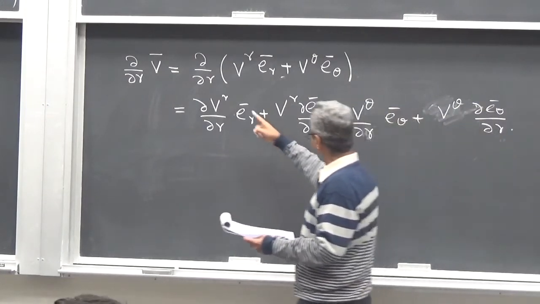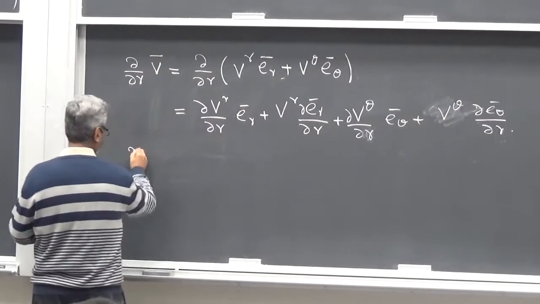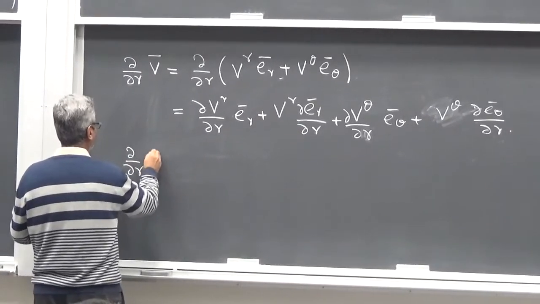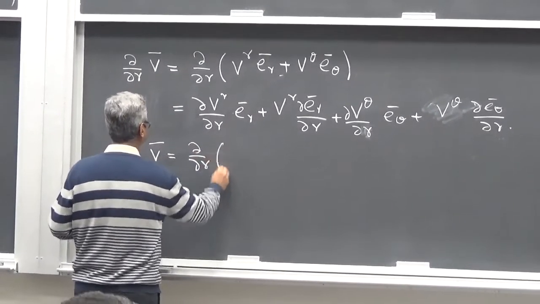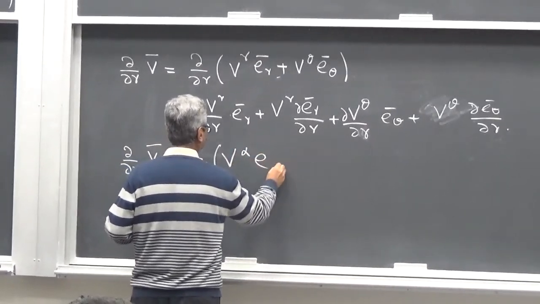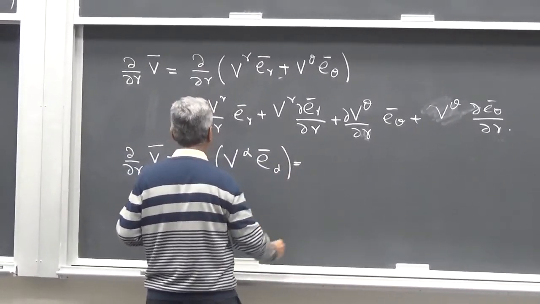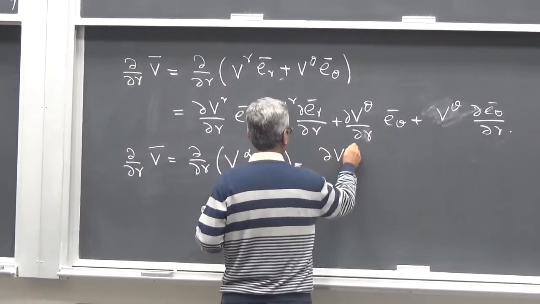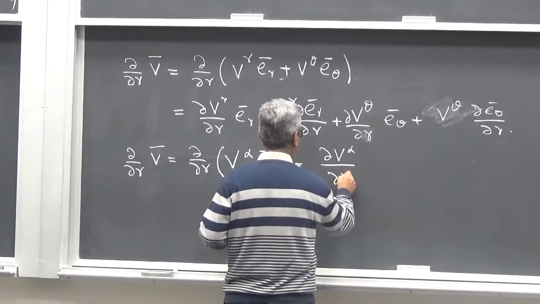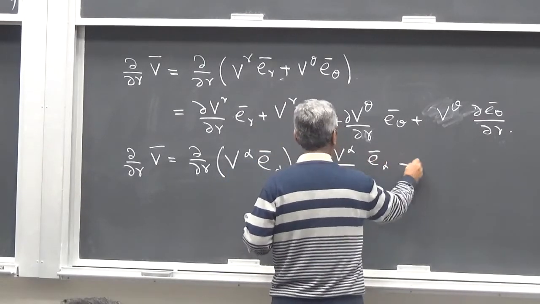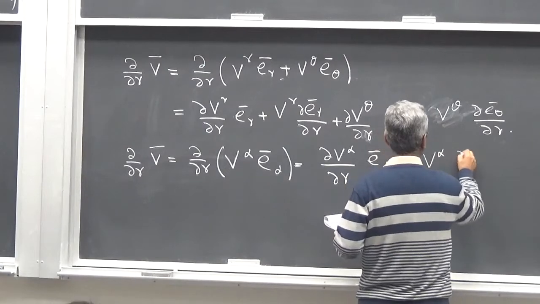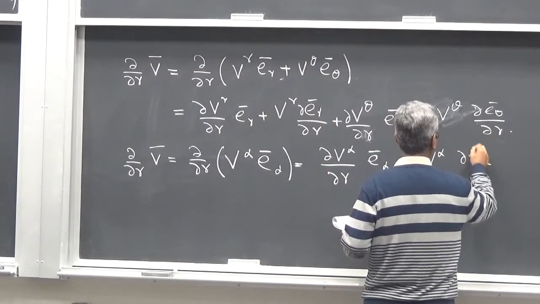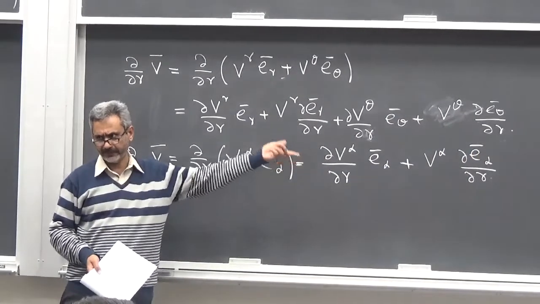So a better way of writing this would be partial by partial r of V, which is partial by partial r of v^alpha e_alpha, and that would be partial v^alpha over partial r, e_alpha, plus v^alpha partial e_alpha over partial r. It's the same thing.